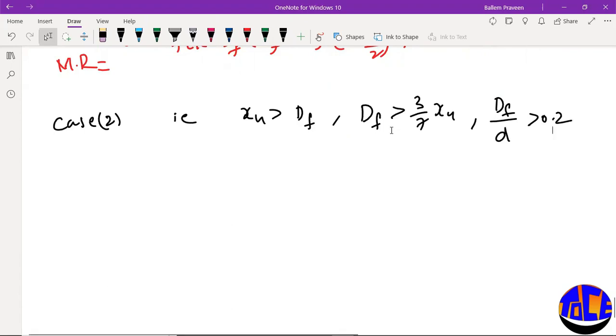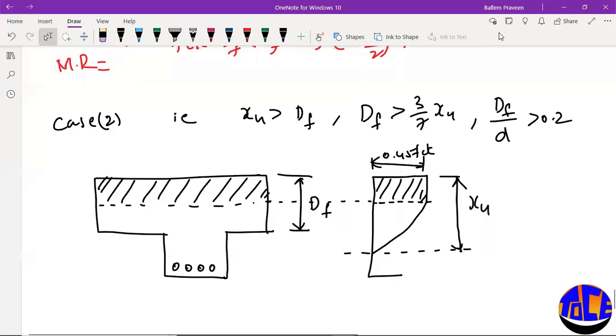That means the depth of flange is greater than the rectangular section. You can observe from this figure that this is the depth of flange, and it is more than the rectangular section, so somewhere within the flange you have the rectangular section.